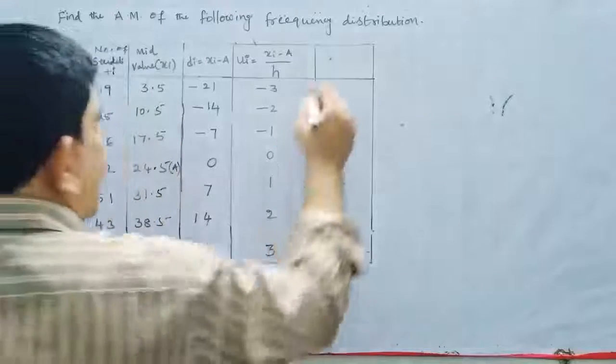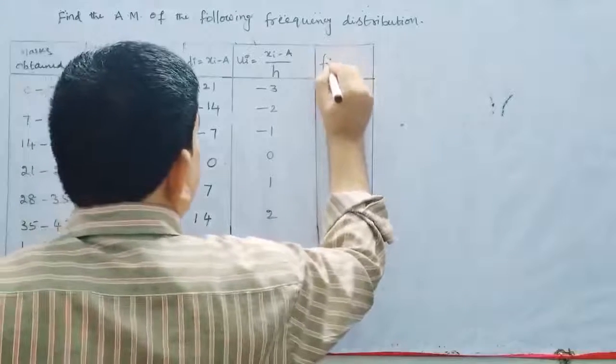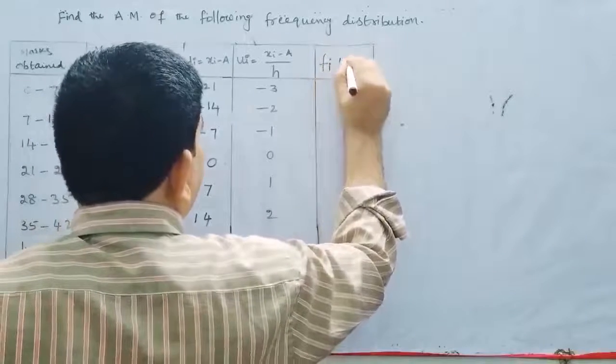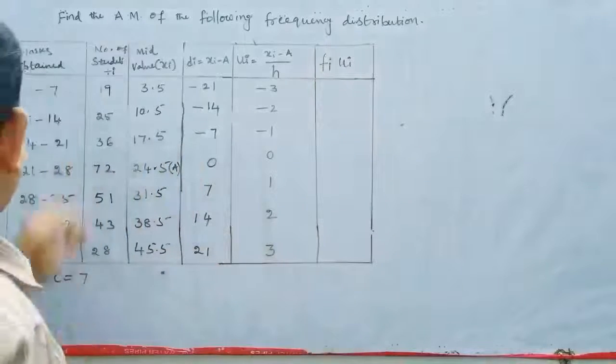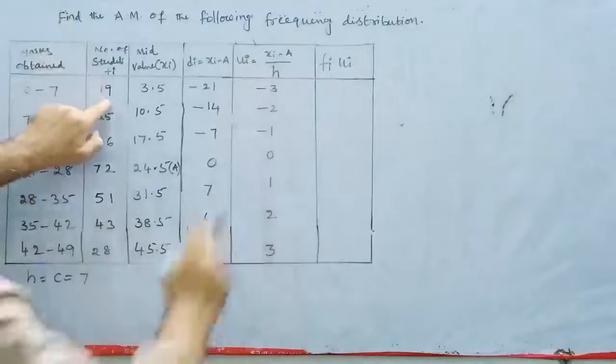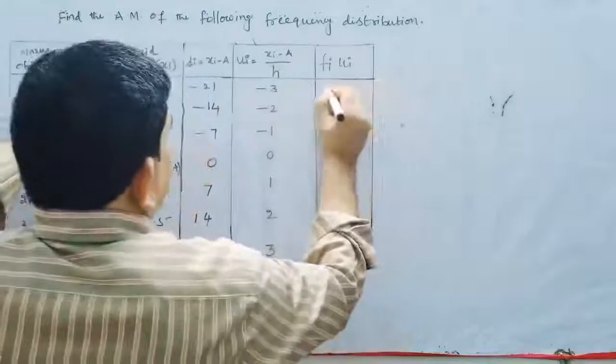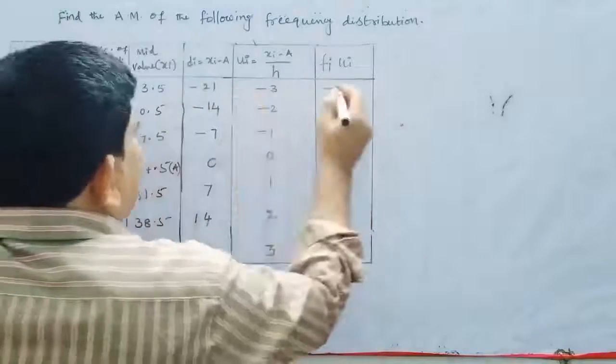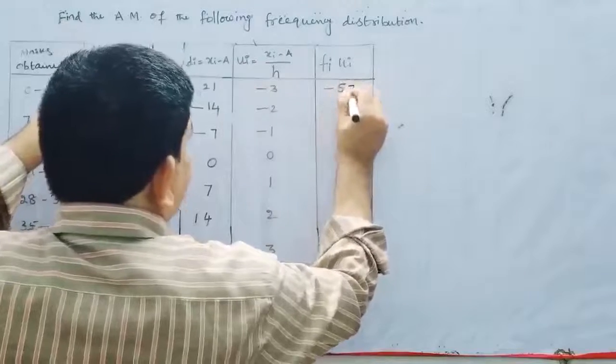Next column, fiui. fiui is frequency into ui. So 19 into minus 3, that is minus 57.